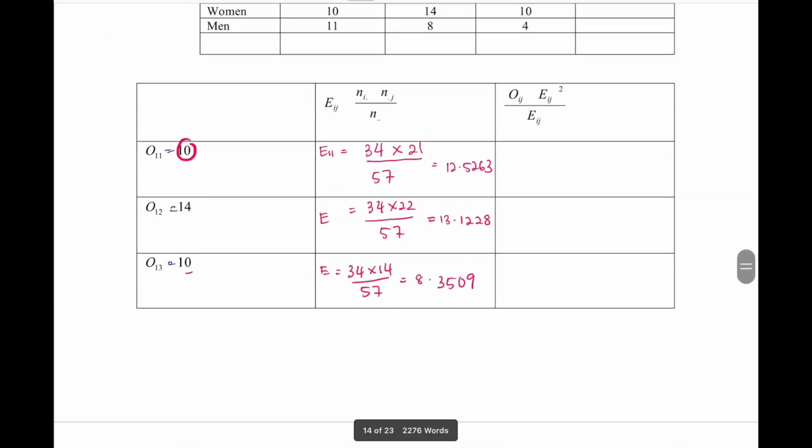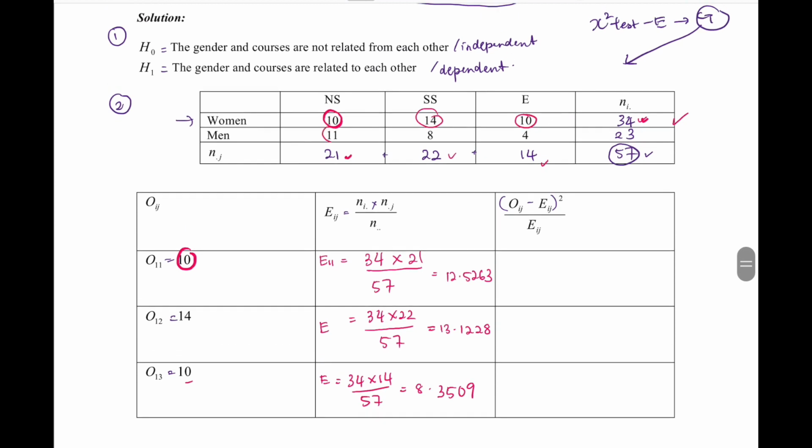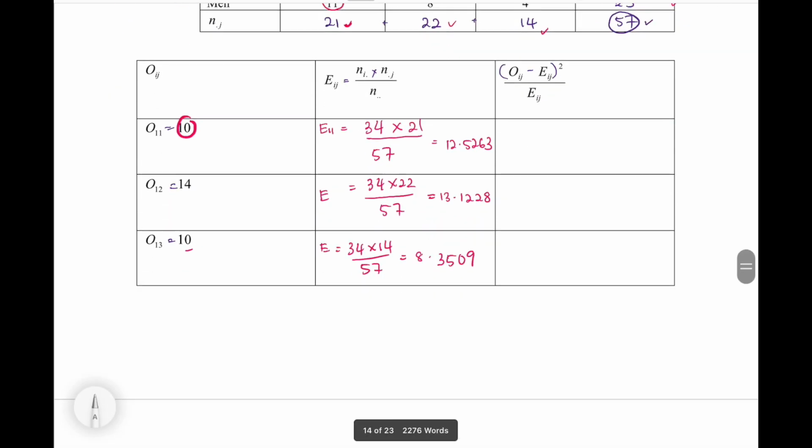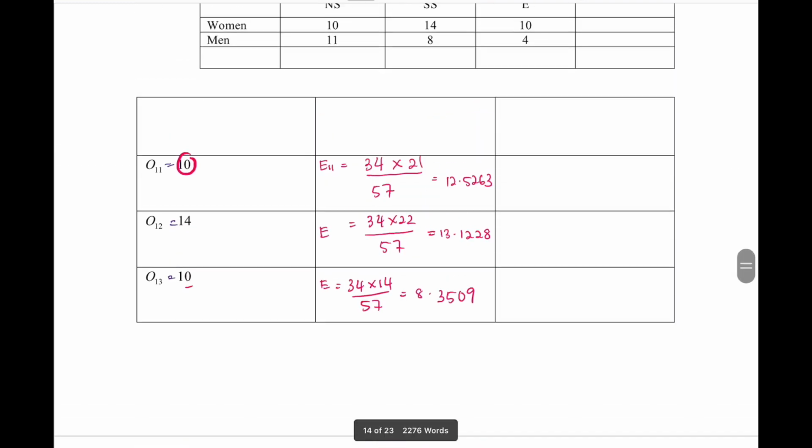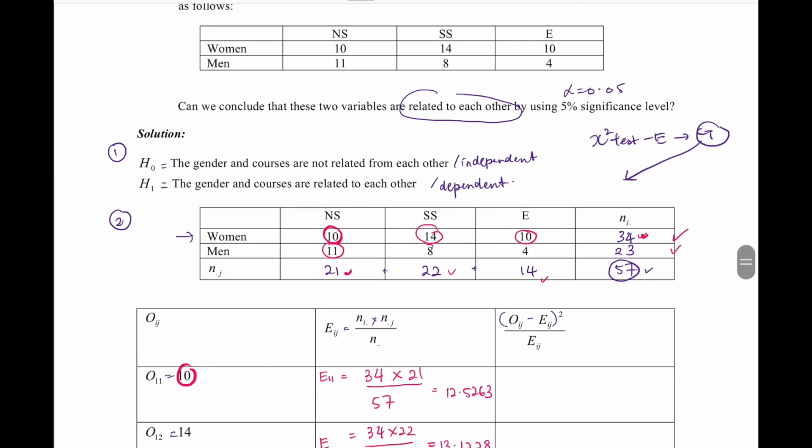Okay, move. 11 is located at row 2, column 1. Row 2 is 23, column 1 is 21. So E is equal to 23 times 21 divided by 57. Next, how about 8? 8 is located at row 2, column 2.